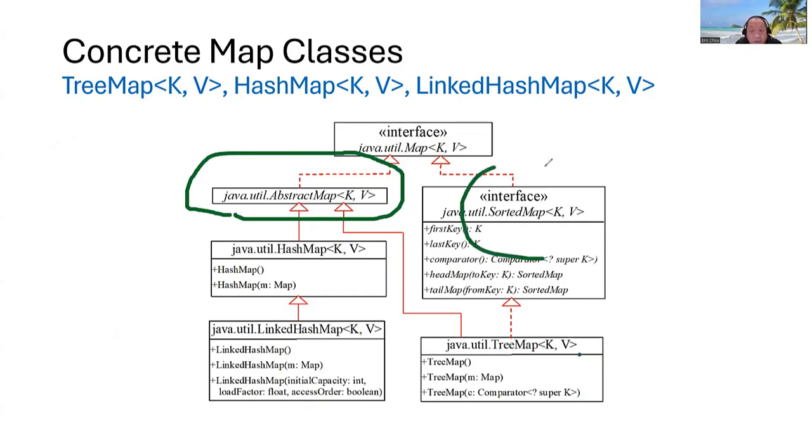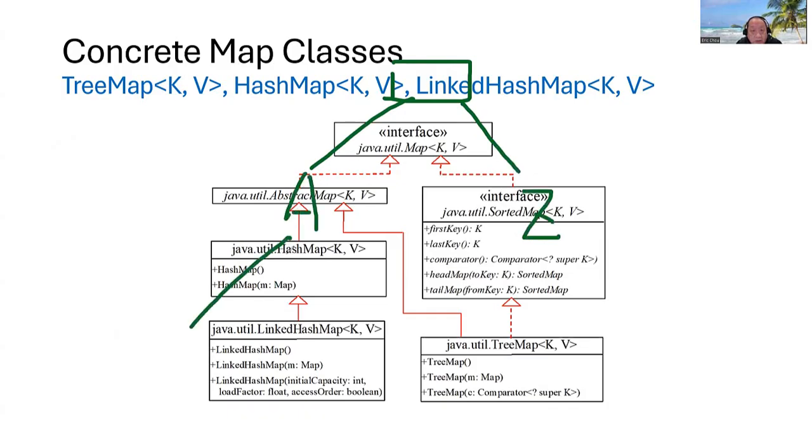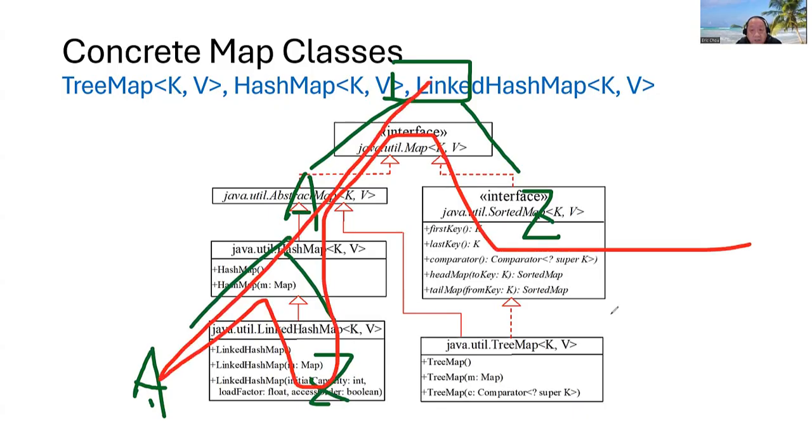Tree map is also a sorted map. Okay, when your data in the map also needs to be sorted, then you can use a sorted map. Okay, so what is a sorted map? Let's assume that you use a tree map, and tree map uses the tree structure. So your tree structure does have A to G. So if you do depth first searching, then the data is sorted. Is that okay?